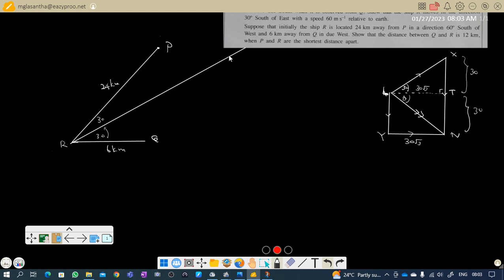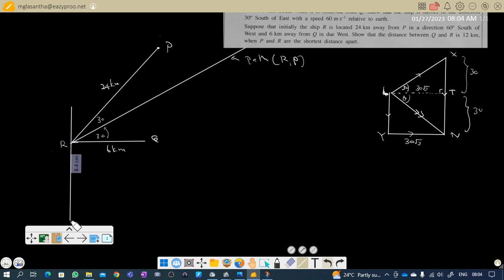So this is the path of R relative to P. Vy is the path relative to Q. So you see, as seen by Q, R moves in a direction like this.